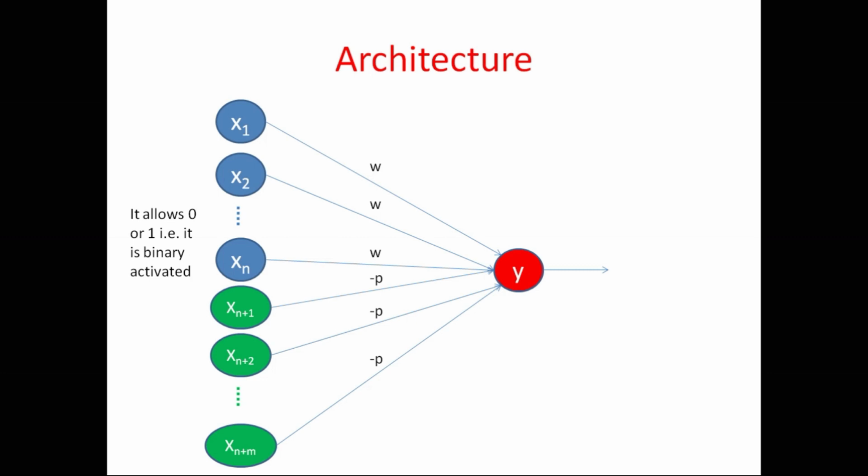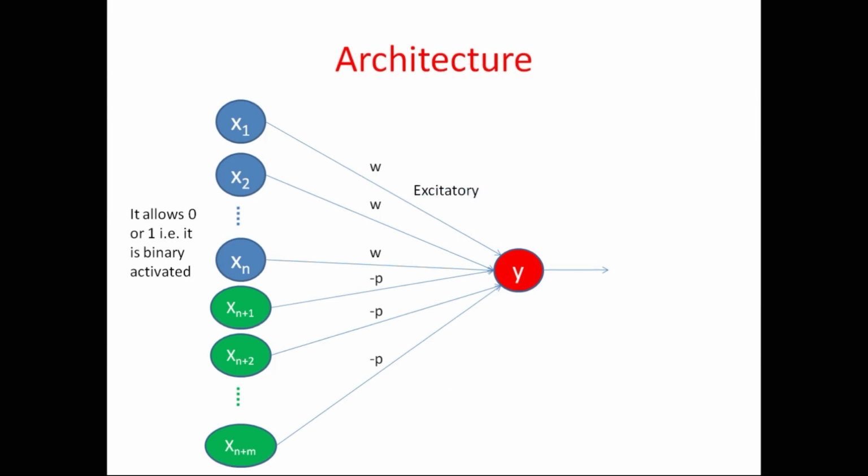You cannot give values other than these two. In that way, this is the simplest neural network, the simplest neuron model. That's why they designed it like that. They can take the input either 0 or 1, that's all.